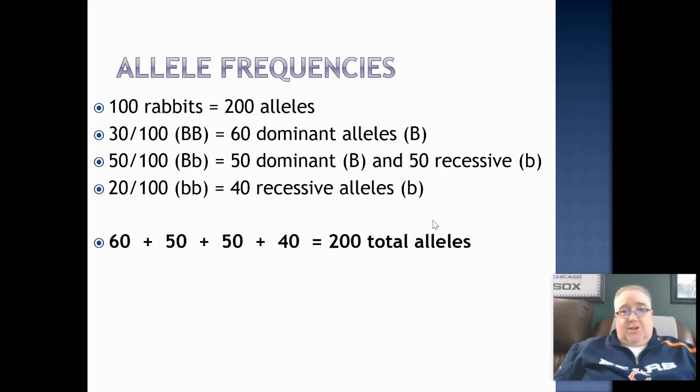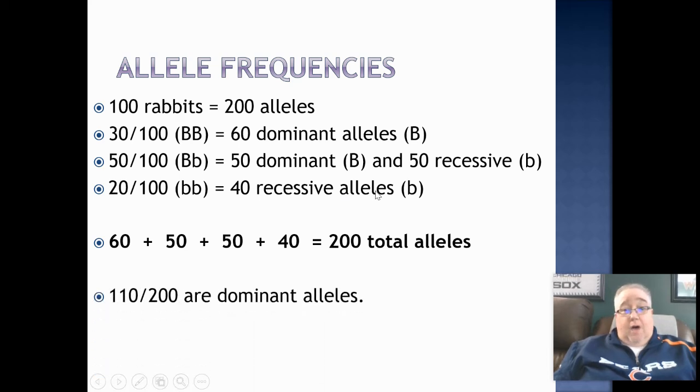So now this is a good point to just double check. 60 alleles plus 50 plus 50, this is the heterozygous rabbits, plus 40 equals 200. So these 200 alleles, this is kind of how they're broken down. Now, of those alleles, how many of them were dominant? Well, 110.